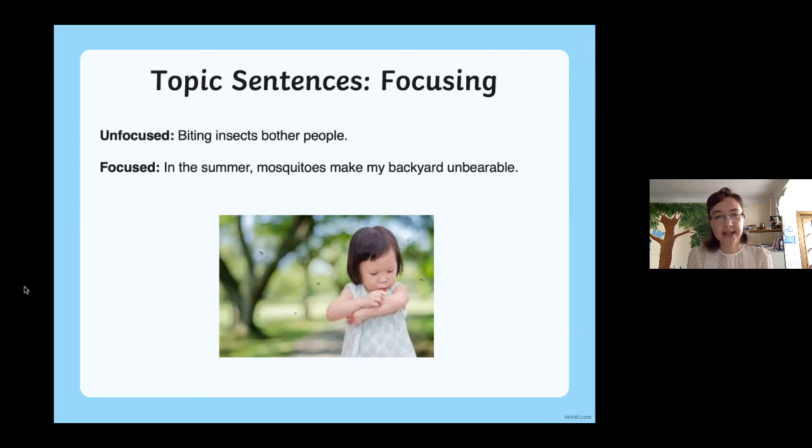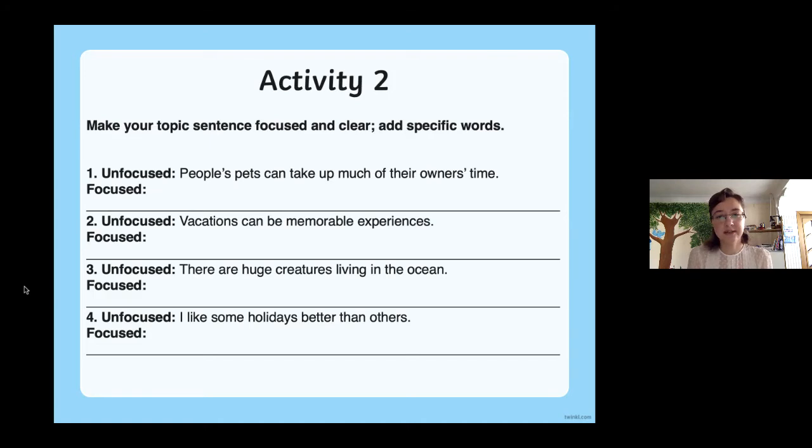"Biting insects bother people." There are so many insects, and it bothers people. But when, how, what insects exactly? Let's make it more focused and more specific. "In the summer, mosquitoes make my backyard unbearable." Now this topic sentence is a good one, it's very effective.